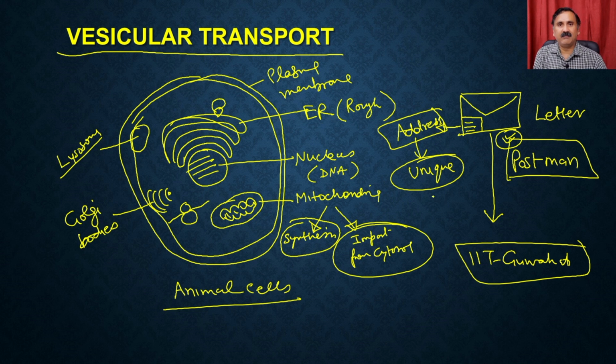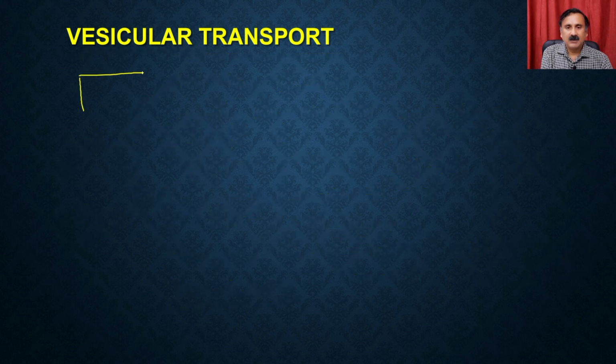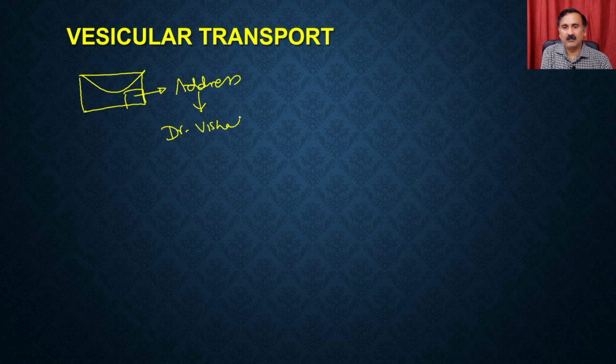And if you see a very systematic address, when you send a packet you add the address, and if you look at the details, I'm going to write my name, right? So that is going to be unique, but there could be another Vishal Trivedi in other places as well. So I'll write the address, like IIT Guwahati.